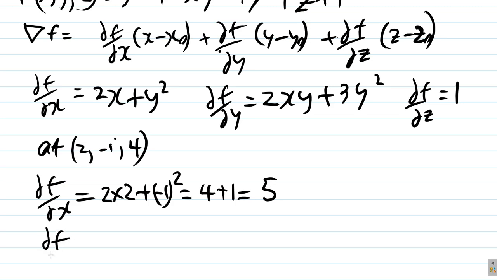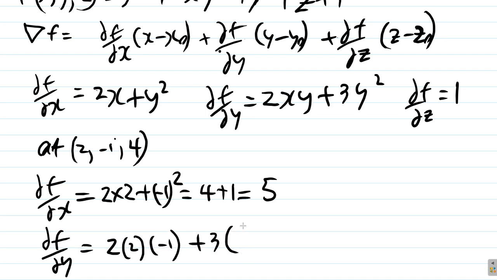Then the partial of f with respect to y would be equal to, y is negative 1, so this is 2 times x, which is 2, times y, which is negative 1, plus 3 times y squared, negative 1 squared.